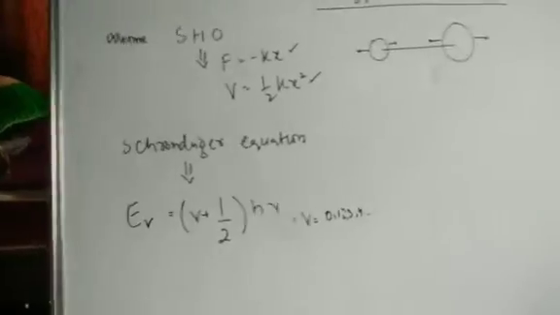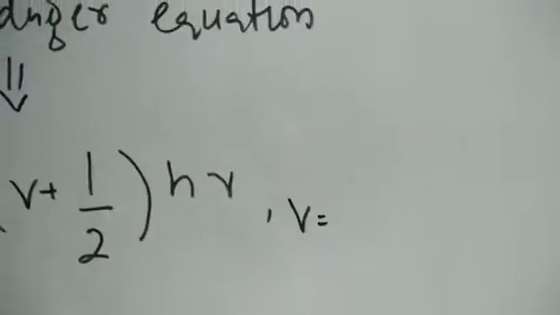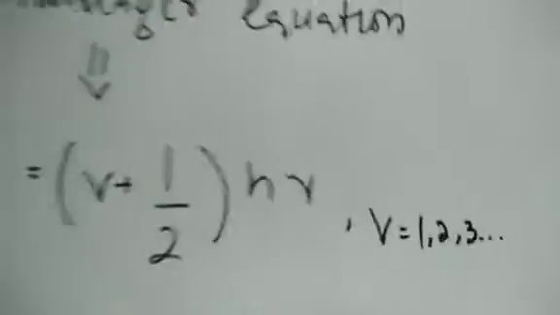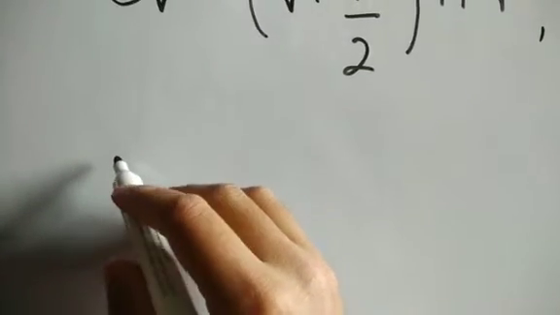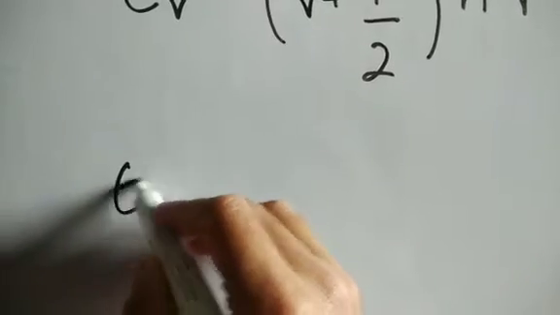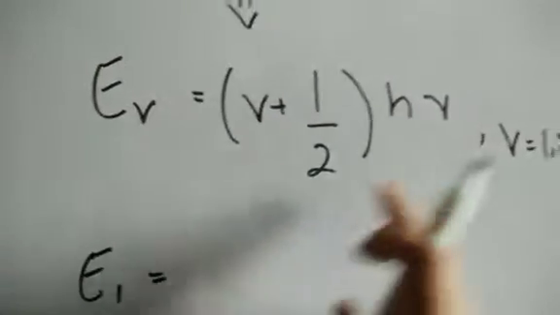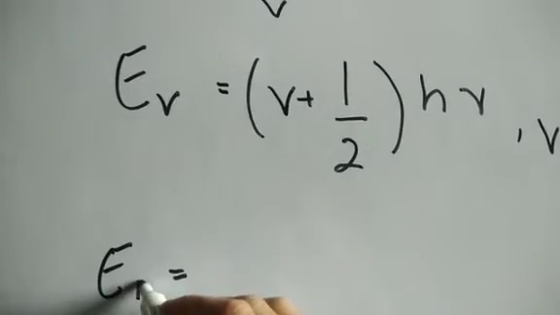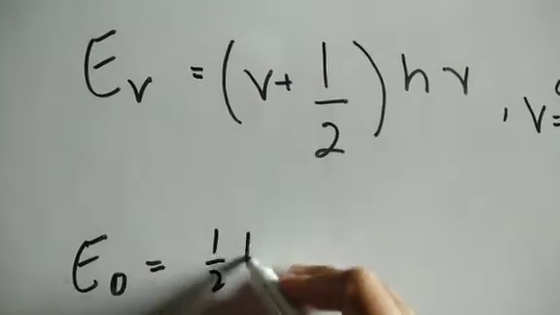So the energy of the molecule in vibrational spectroscopy can be for V equal to 1, 2, 3 and so on. Now we can calculate the energy for energy level 1, which is when V is equal to 0. Energy level 1 means V equal to 0, the first energy level, that is 0 plus 1 by 2. So the energy will be 1 by 2 h nu.